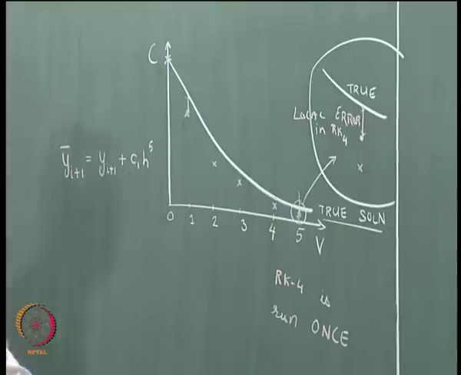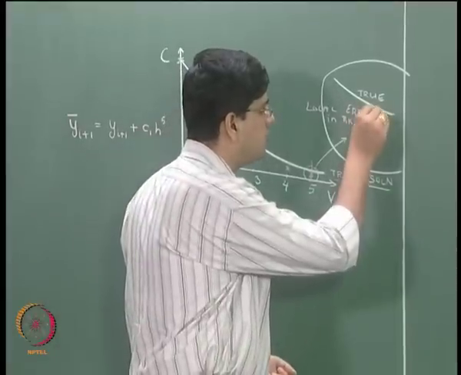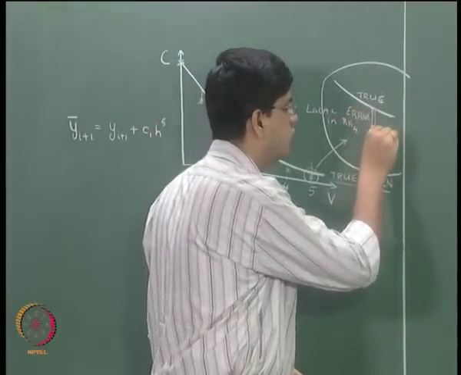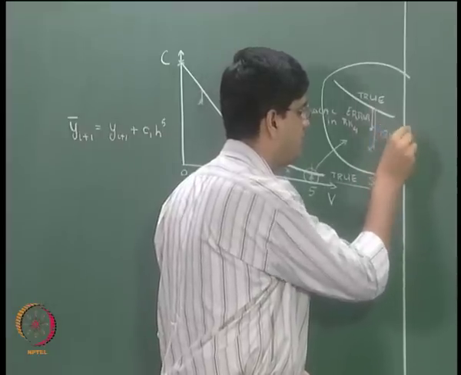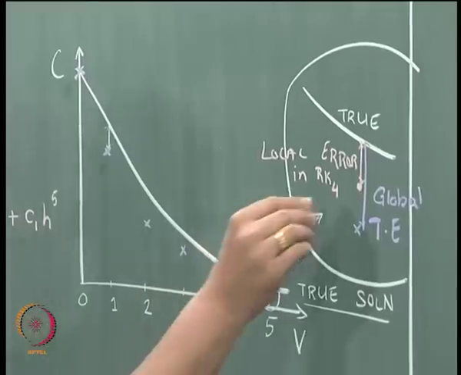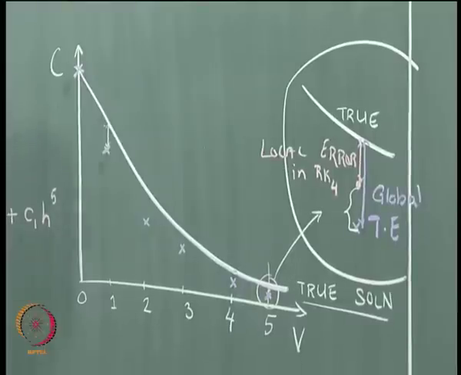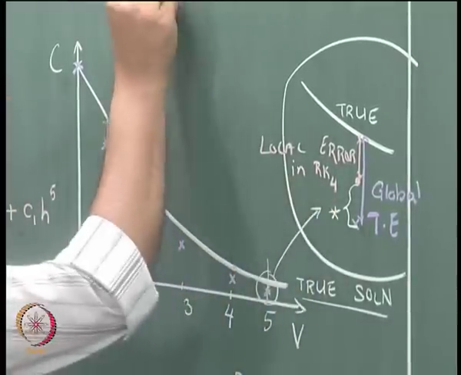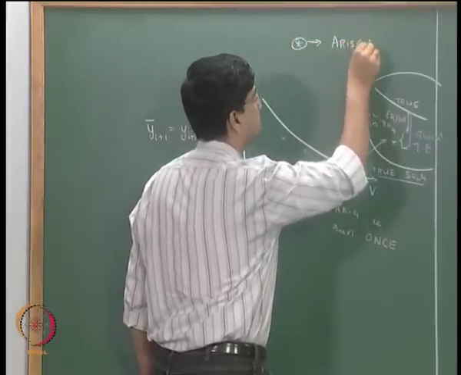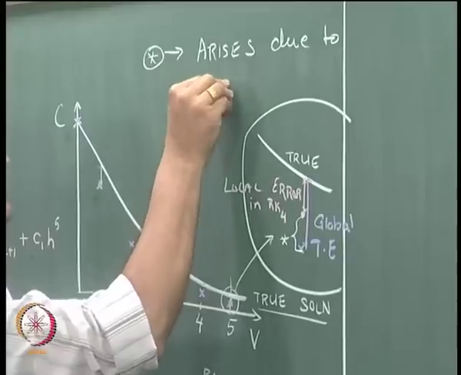So the effect of both these errors comes in the global truncation error, and this difference is going to be the global truncation error, okay. And this particular difference between the global truncation error and the local truncation error, this arises due to accumulation of past errors.